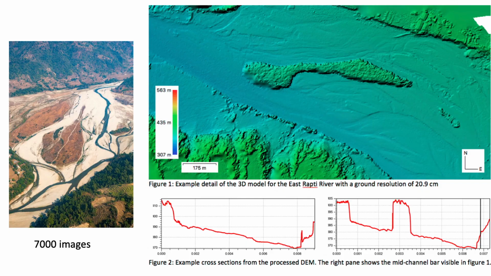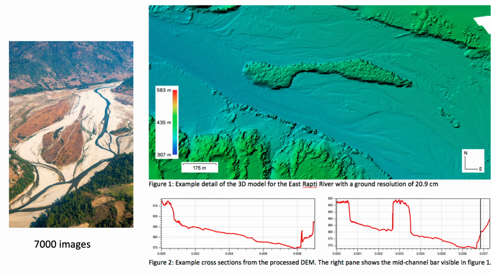So, only 7,000 images. We go through, we process them, and we can start to produce topographic data that looks like this. So this here is a 20 centimetre ground resolution DEM of the river channel, and we've got this for about 100 kilometres of the river channel.